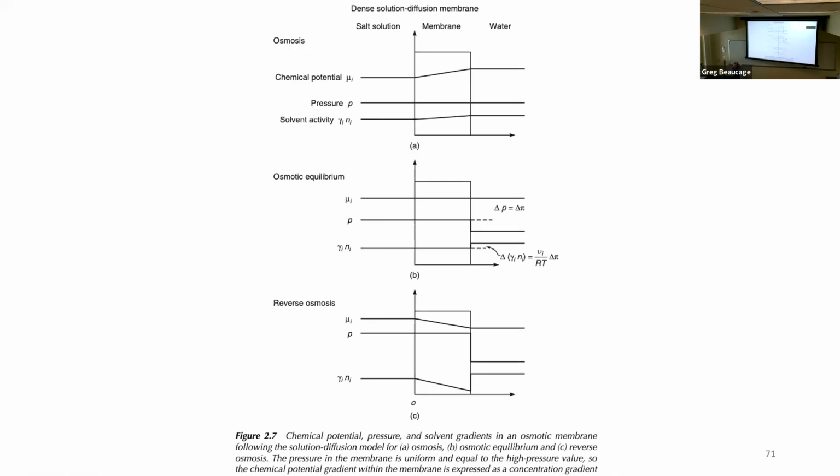And then this is looking at reverse osmosis versus osmosis. So in osmosis, the pressure rises. If you have osmotic equilibrium, then there's a pressure difference. Where the salt is, there's a higher pressure because the water wants to dilute the salt. So this is the salt side, that's the water side, right? And then chemical potential is equal on the two sides, and the concentration is different on the two sides. Anyway, it's interesting to look at these processes because they have different curves in terms of chemical potential, pressure, and concentration.